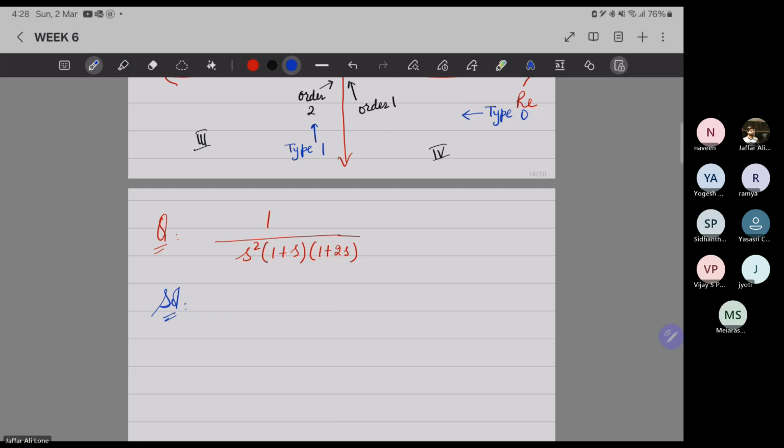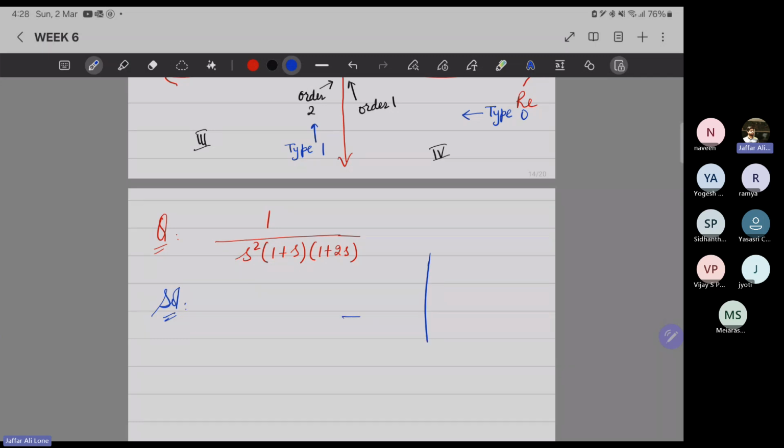It is type 2, order 4. Now can you find the magnitude and angle at omega? How should a type 2, order 4 polar plot look?